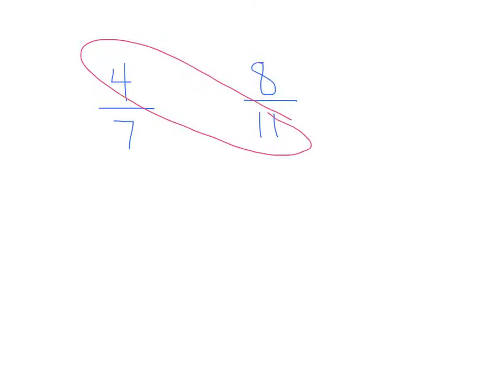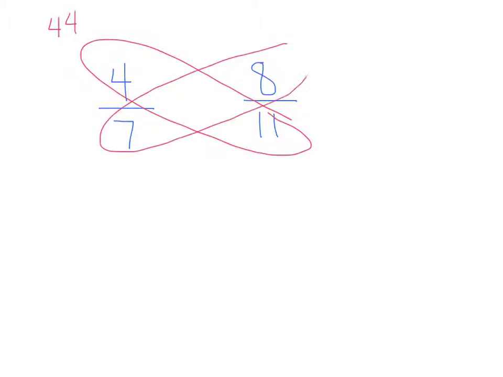Remember our crisscross method for adding and subtracting fractions? Well, we can also use this to compare fractions when we are wanting to find a common denominator. Let me show you what I mean. Let's take the fraction 4/7 and compare it with 8/11. We can multiply 4 times 11, which is 44.